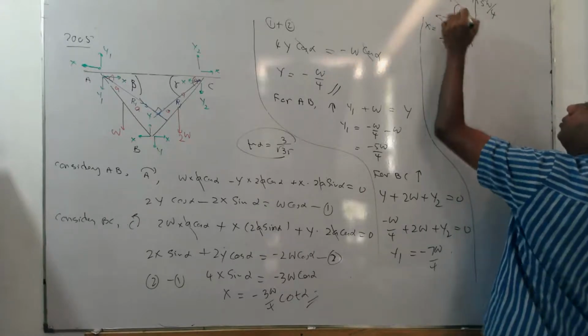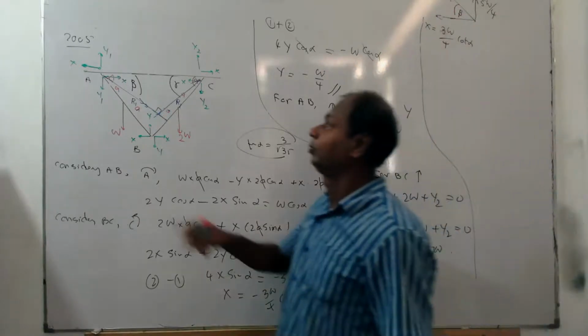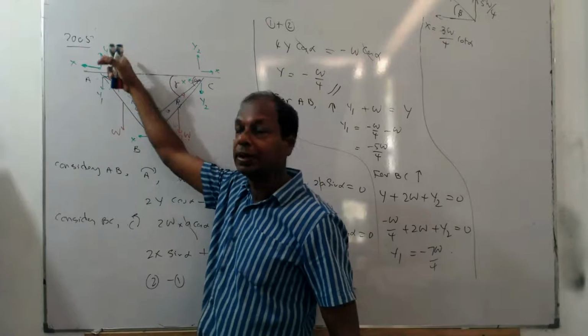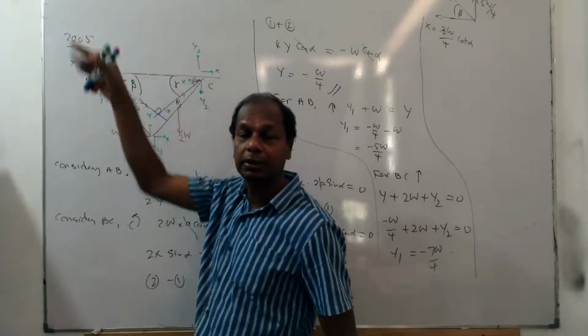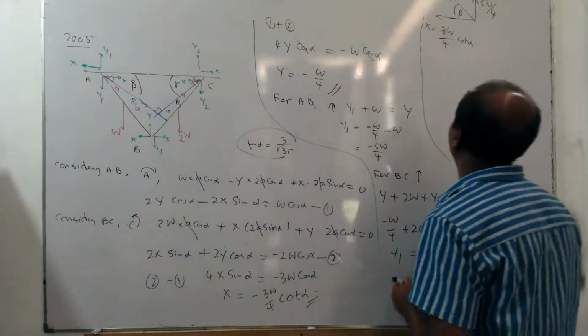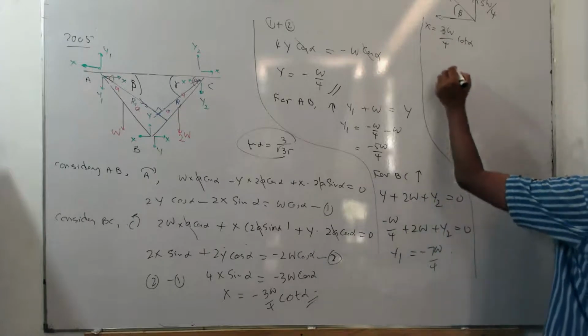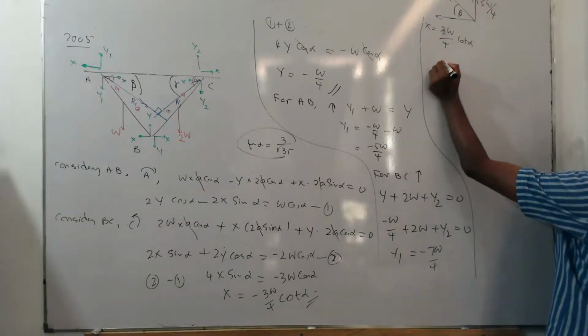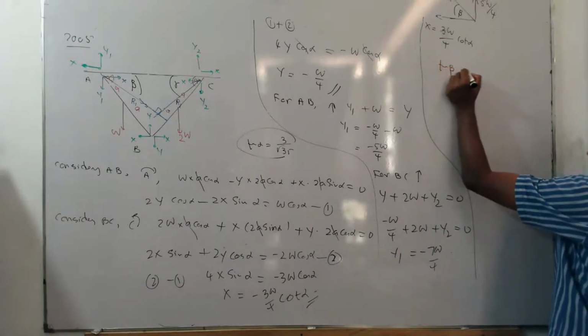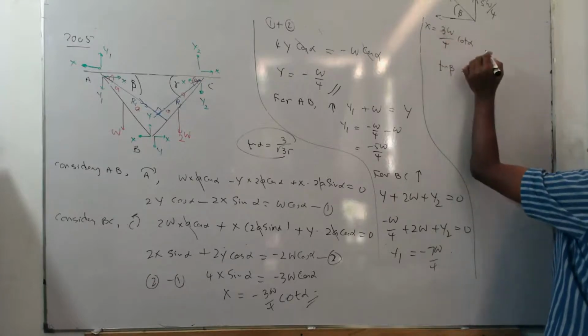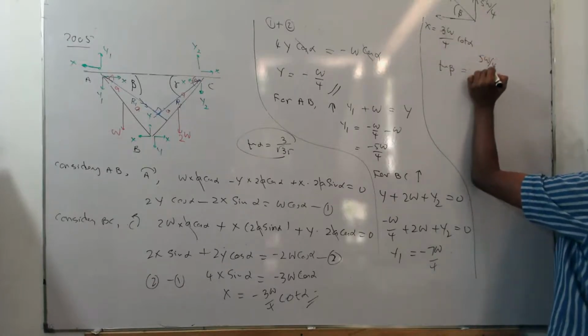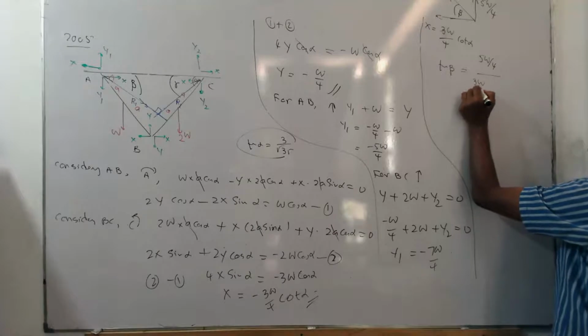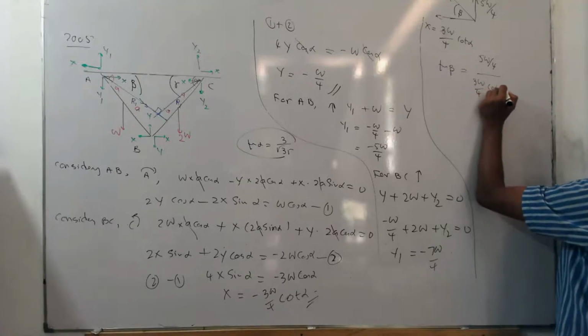This angle is beta. These two are in right opposite directions, right? So beta should be directed in the other way. So tan beta is equal to this over this, divided by 3w over 4 cot alpha.